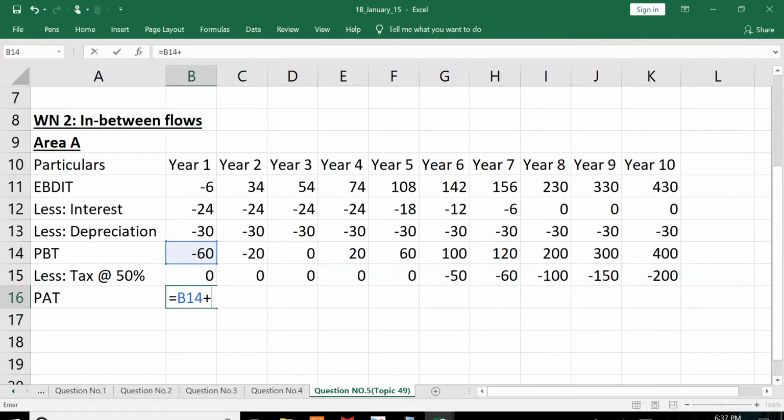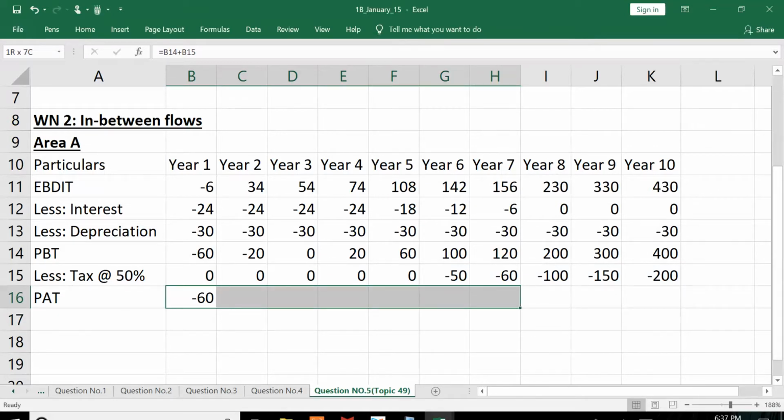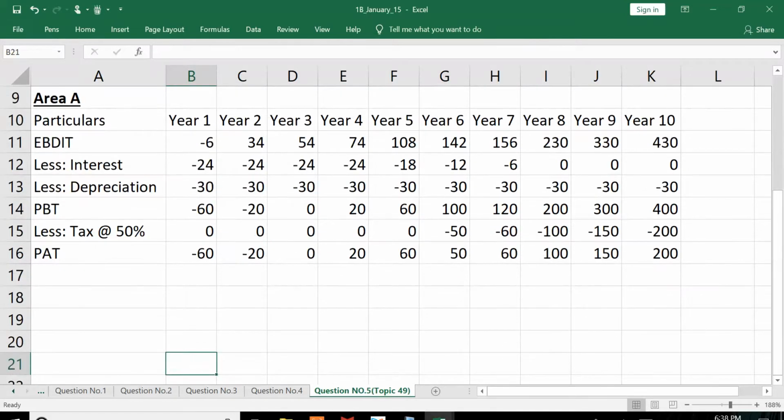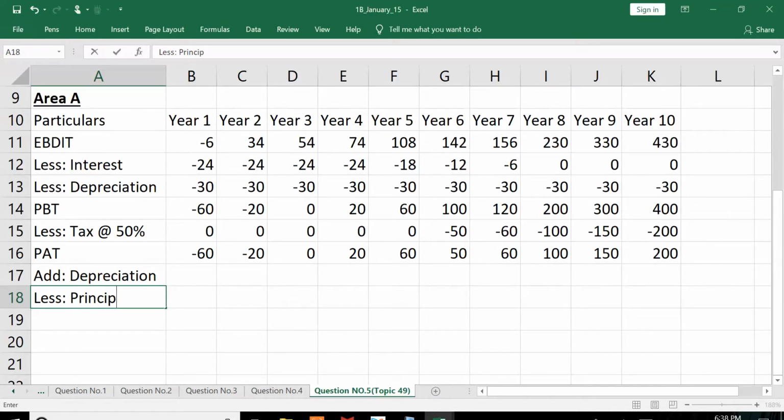The assumption is it gets carried forward and set off against future profits. Add back depreciation, less principal.